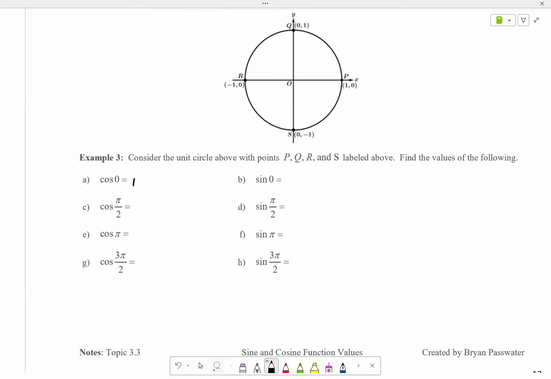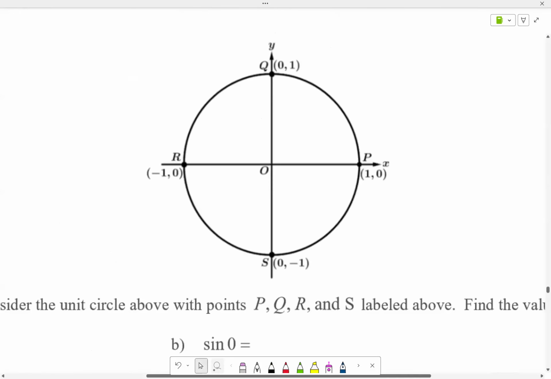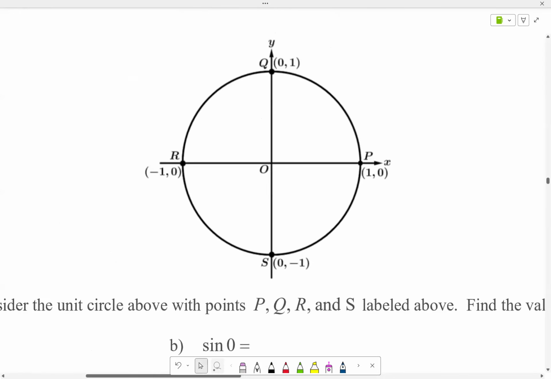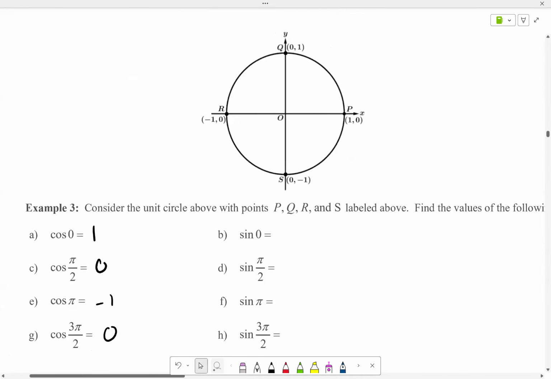Could you please show me the cosine of pi over 2? 0. Cosine of pi, negative 1. Cosine of 3 pi over 2, 0. Are the rest of these easy? Are they too easy to go over in class? Are you looking at the unit circle when you do that, or maybe in your head?